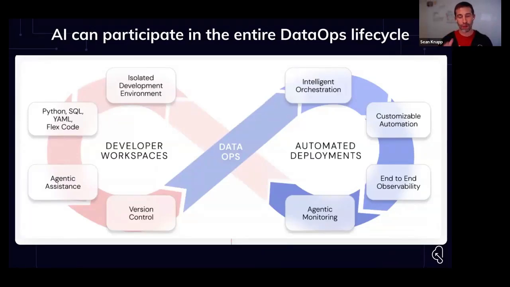But when we think about this holistic data ops cycle, everything from building code to deploying it, observing how it behaves, all the way back to that continuous feedback loop, no different than what we've seen in the DevOps cycle. Agentic capabilities and AI really can play a key and pivotal role in this entire cycle.